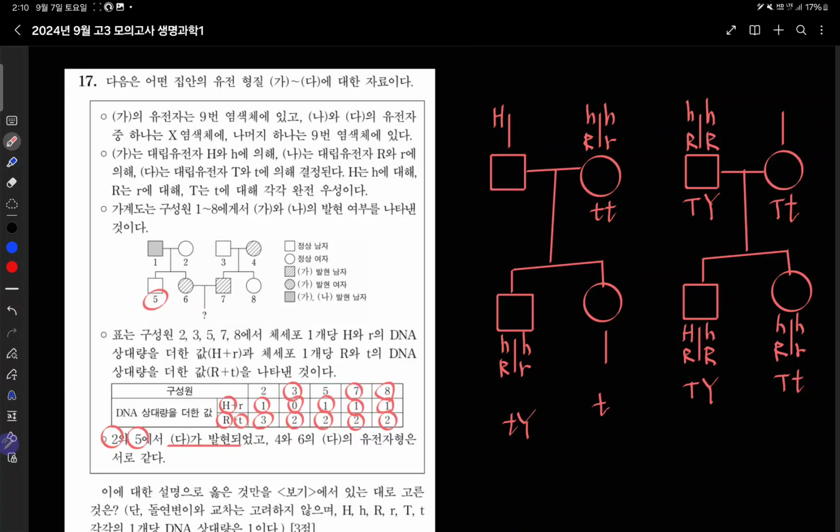And because individuals 4 and 6 have the same genotype for the third trait, both of them are heterozygous for the third trait. That means individual number 6 needs to receive the capital T allele from her father. And individual number 6 has the first trait, so she needs to receive the capital H allele from her father.